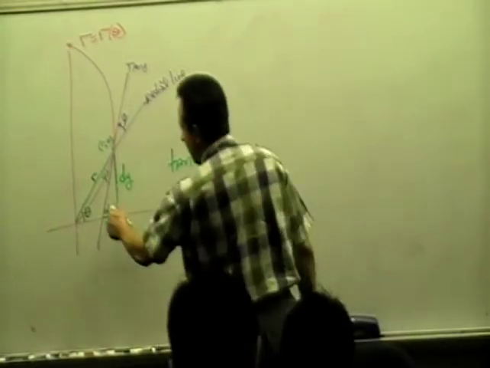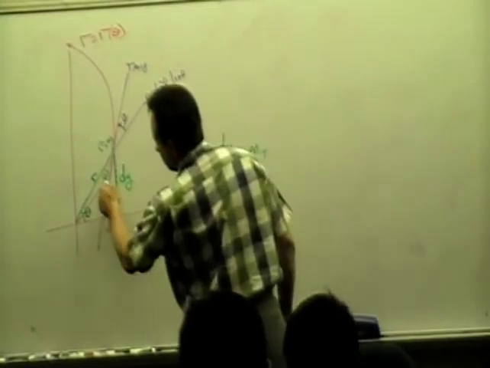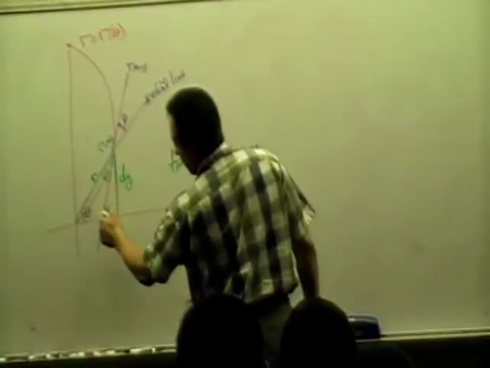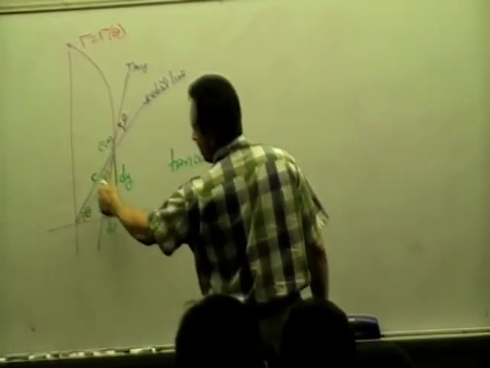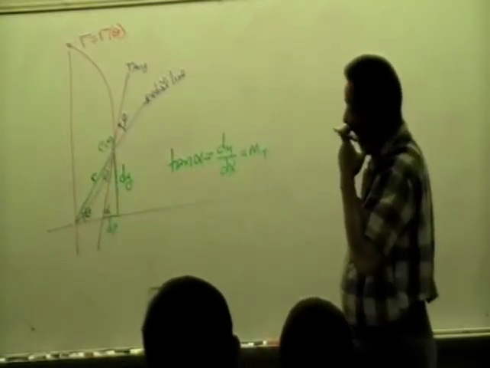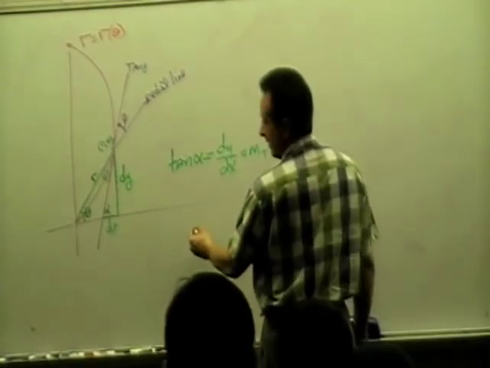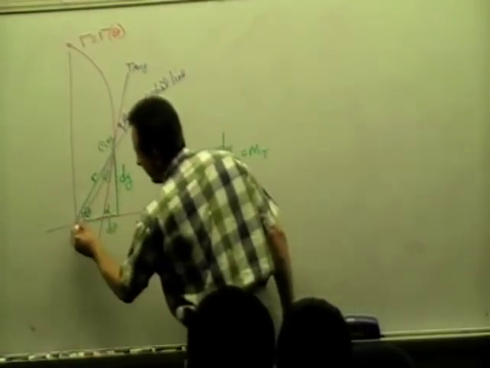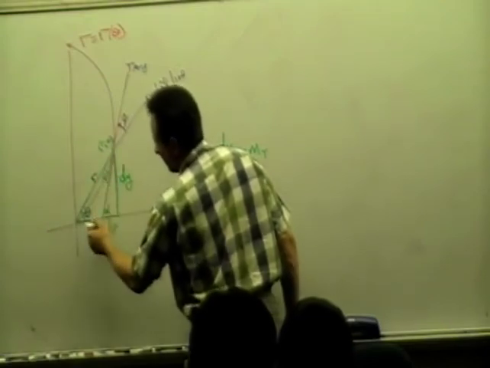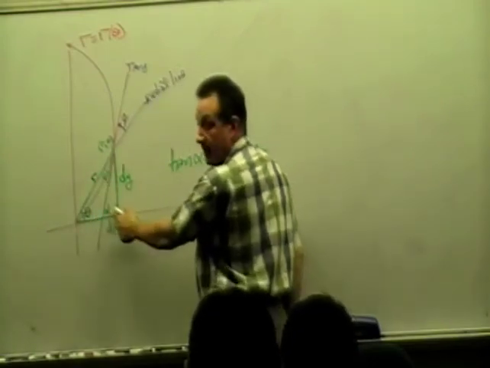Now, I can relate alpha, this angle, to these two angles. What's the relationship between alpha, theta, and psi? Anybody? See this triangle right here? This is an exterior angle.